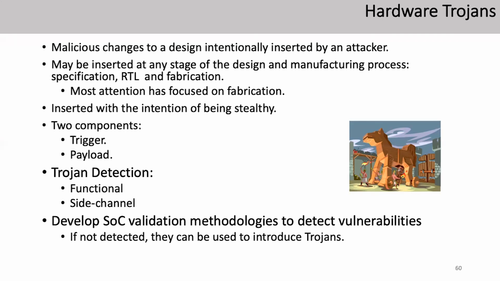So if you can stop the vulnerabilities, then the Trojan insertion stops. So instead of Trojan detection, we are stopping Trojan insertion by closing all the vulnerabilities, right? If your chip is foolproof, security proof, then there can be no way somebody can introduce vulnerabilities because you will be closing down all the security angles. That's what we are trying to do, and we are in the process of doing it with TII.